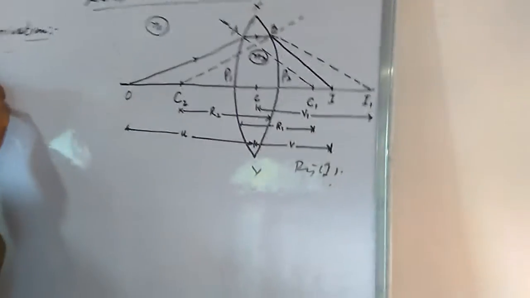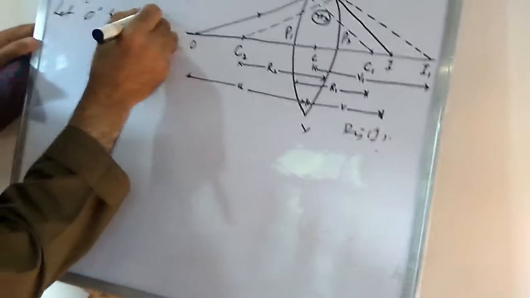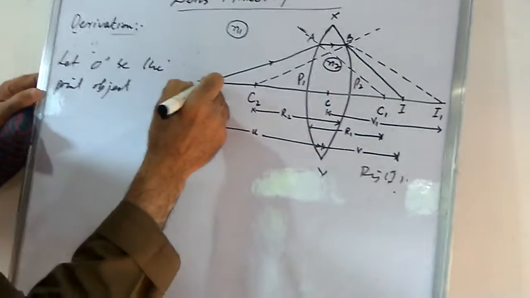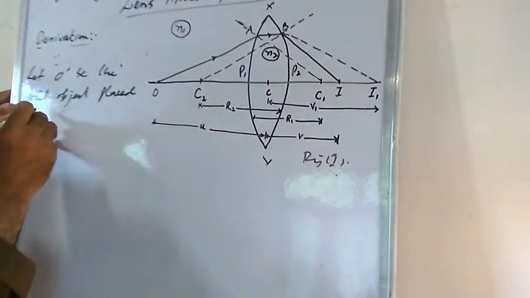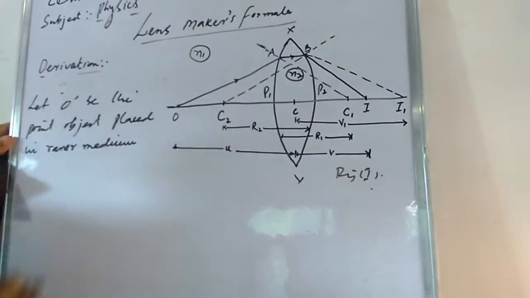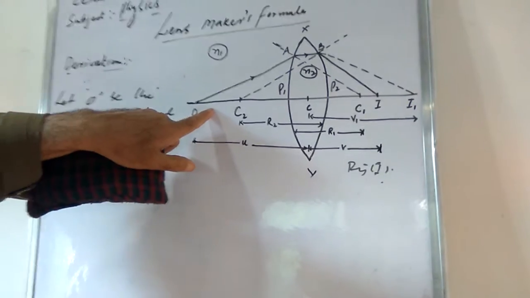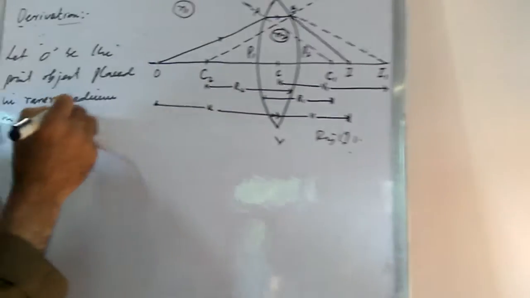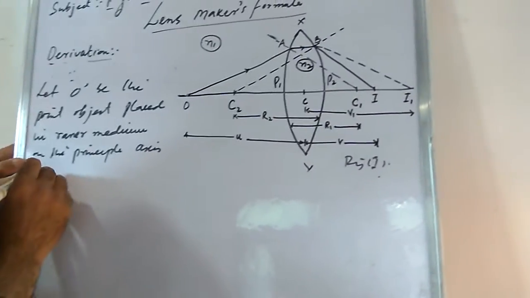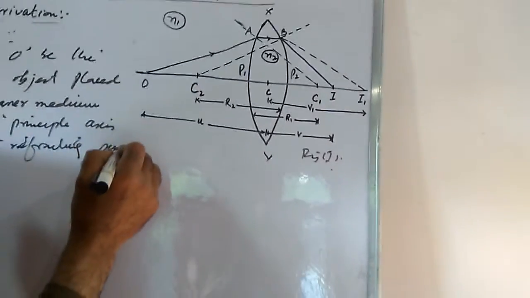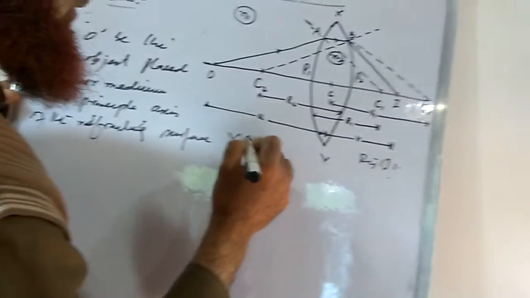Let O be a point object placed in the rarer medium on the principal axis of the refracting surface XP1Y.